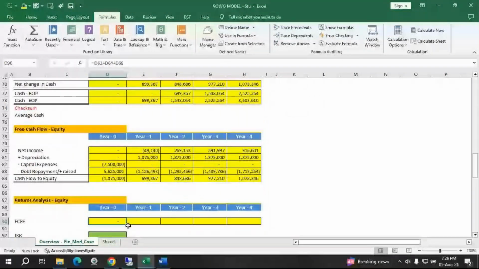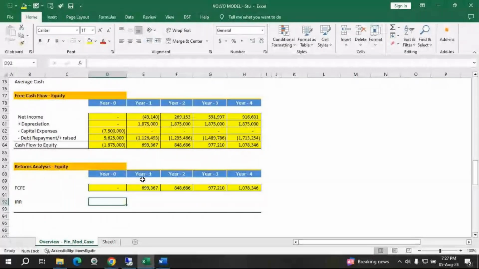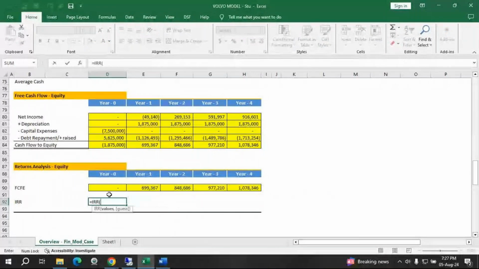Now here I'll type equals IRR, IRR, and pick these values. IRR, it is showing as error.